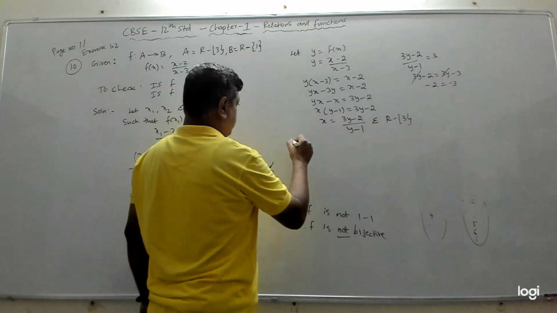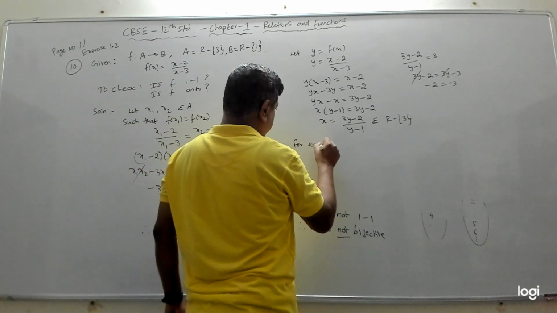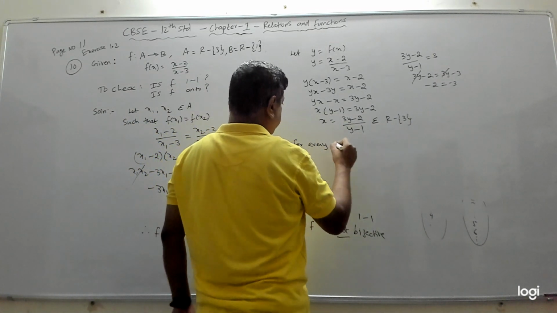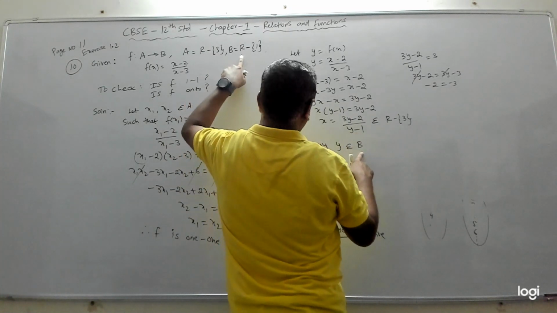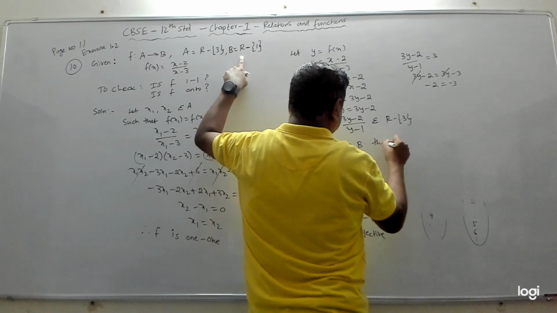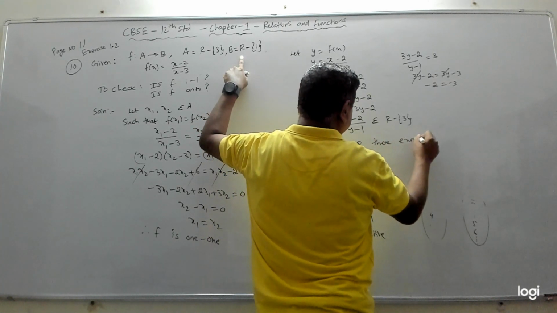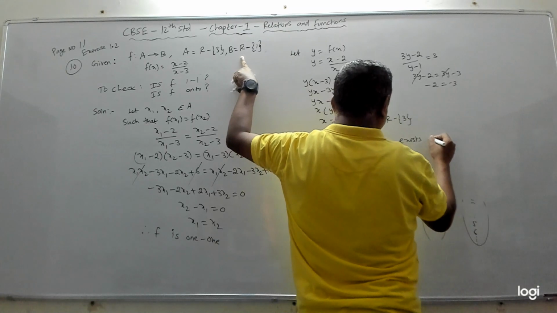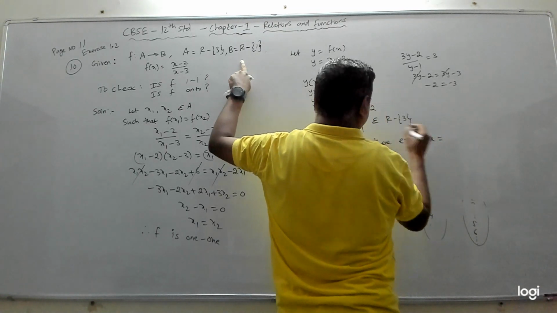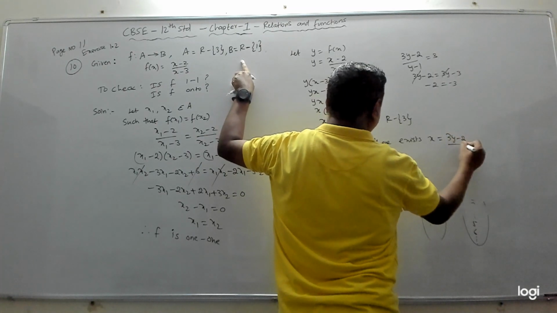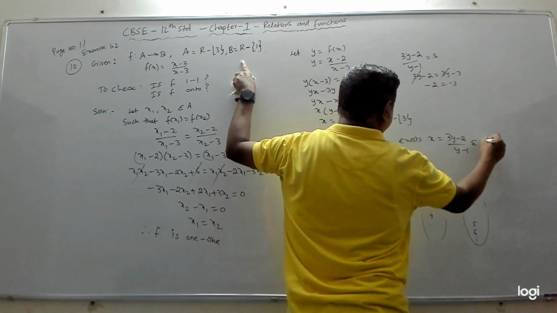Now we will write the definition of onto. For every y belonging to the set B, there exists x equal to 3y minus 2 by y minus 1 belonging to the A set.